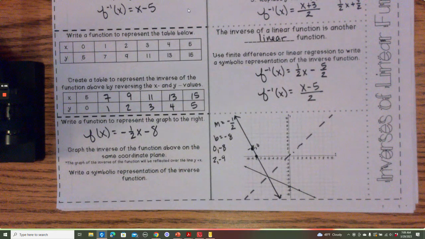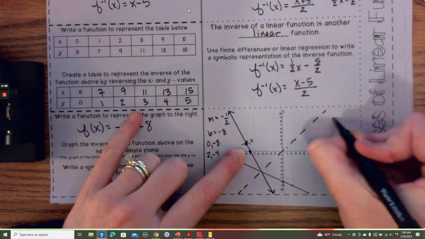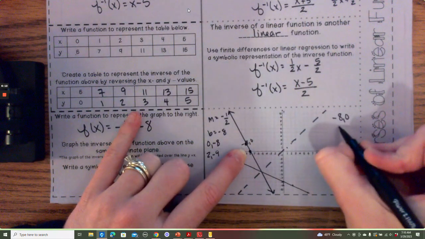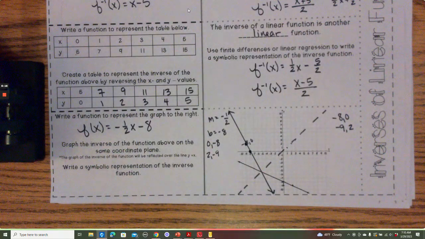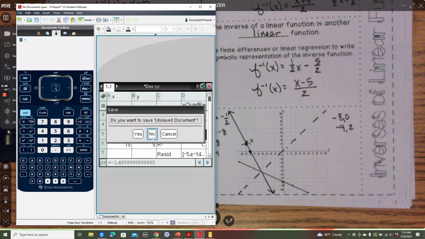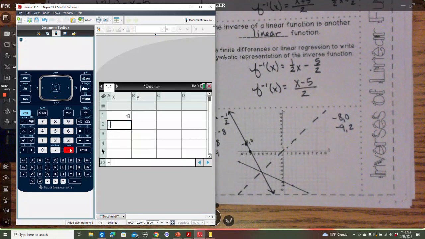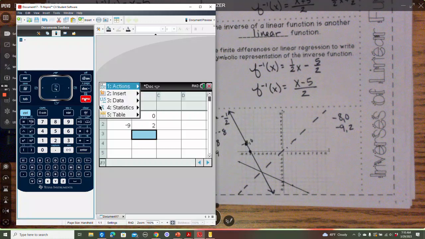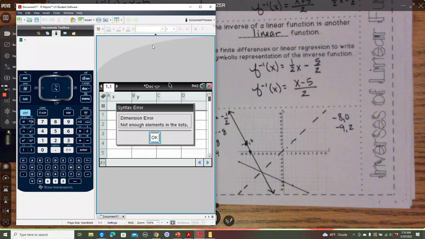So if I want to write a symbolic representation, I can use those points. So our points that we used for the inverse was that. I can use those points to write a function for it. So again, I can use linear regression. As long as I have 2 points for a linear, I can use linear regression. So negative 8, negative 9, 0 and 2, menu 4, 1, 6, x list is x, y list is y.